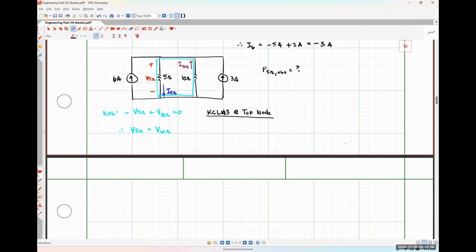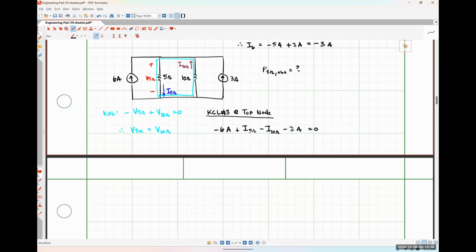So the 6 amp is entering the top node, so that's going to give us -6 amps. I5 is exiting the top node, so that's going to give us plus I5 ohms. I10 is entering, so that's going to look like minus I10 ohms. 3 amps is entering, so that's going to look like minus 3 amps is equal to 0. And so we now have one equation with two unknowns.